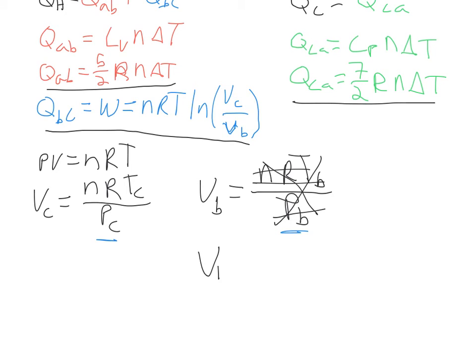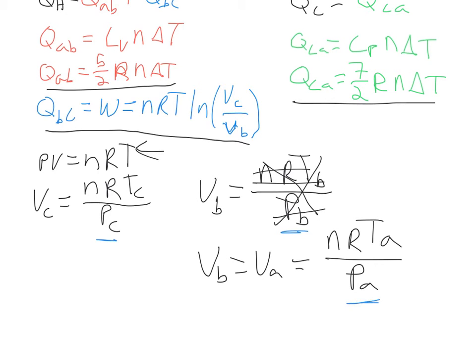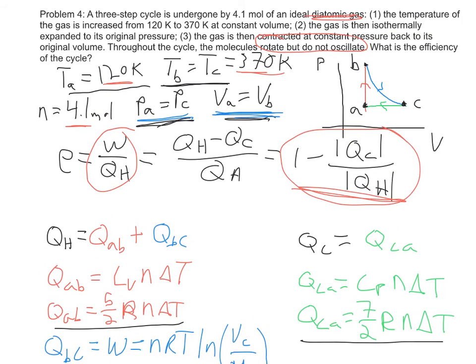We do know that VB equals VA, and so using the same ideal gas law, VA is nRTA over PA. Well, we still don't know the pressure at A, but we do know that the pressure at A and C are the same, because we have a constant pressure transition.